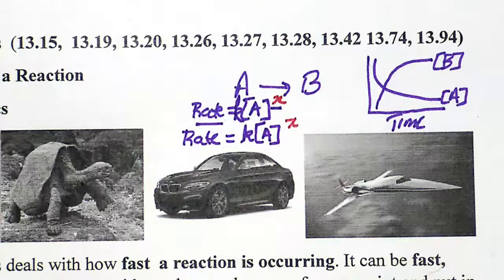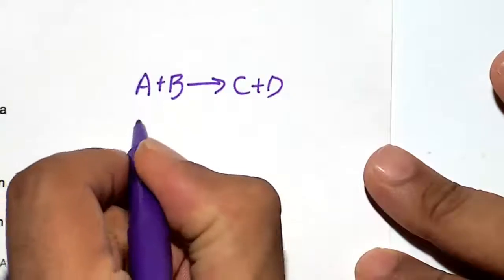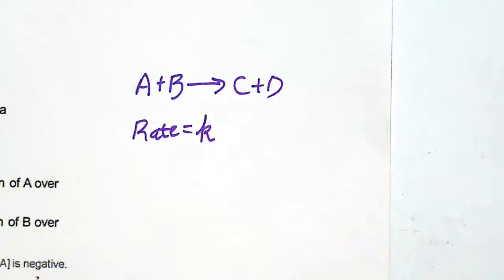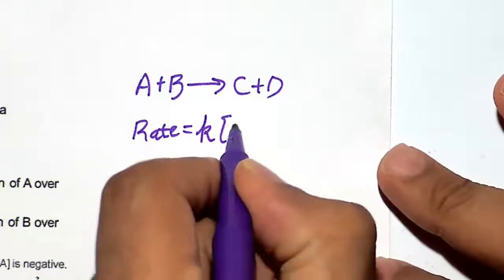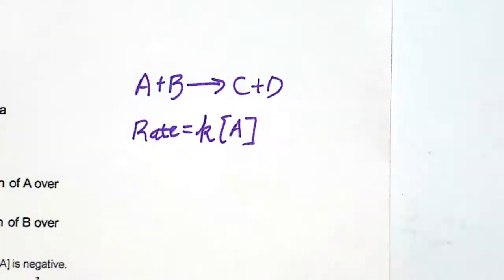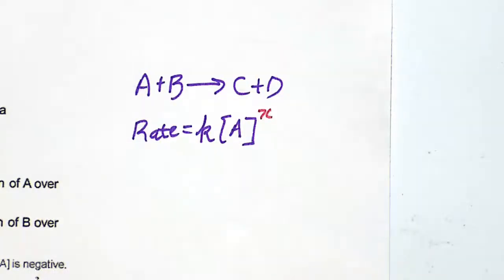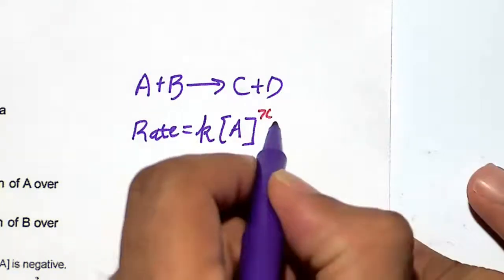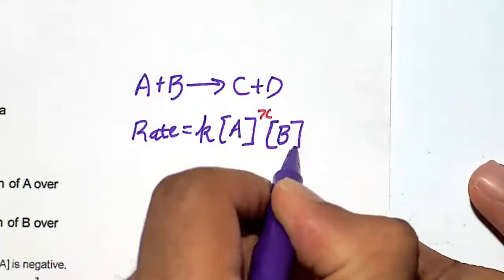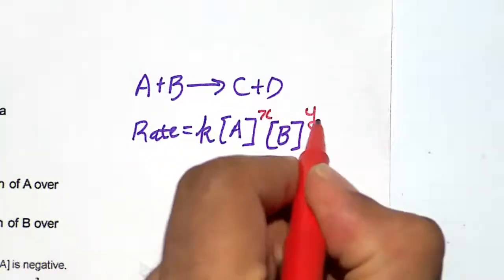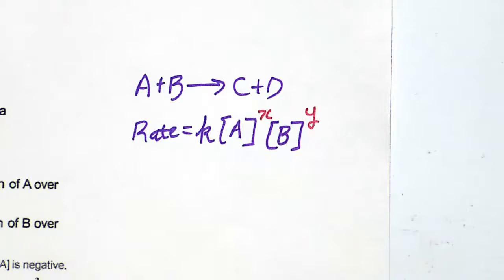Remember, this order is going to be either zero order, first order, or second order. And in this case, the rate of this reaction is going to be some proportionality constant K times the initial concentration that you start off with of A, raised to the power of the order of the reaction with respect to the reactant A, times the concentration of B, and the order of the reaction with respect to the concentration of B.